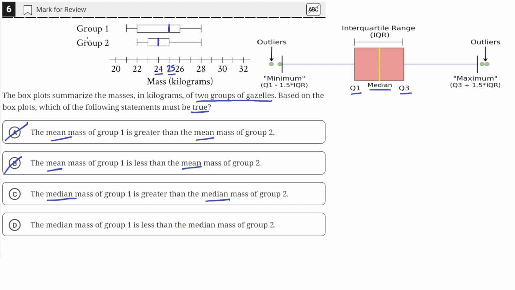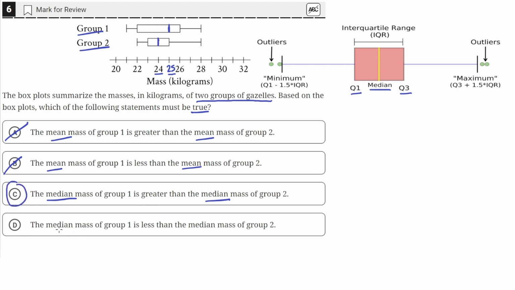So the box plots are saying that group 1's median is greater than group 2's. Answer choice C is saying exactly that: group 1's median is greater than group 2's median. So answer choice C must be correct.